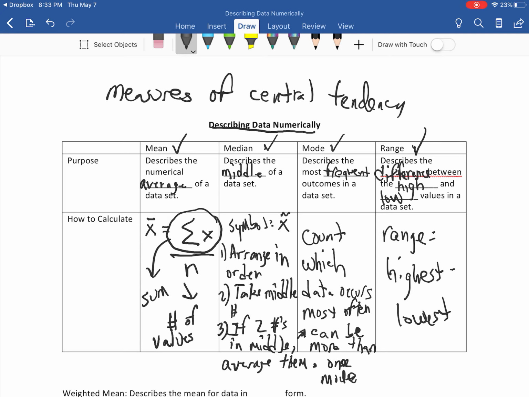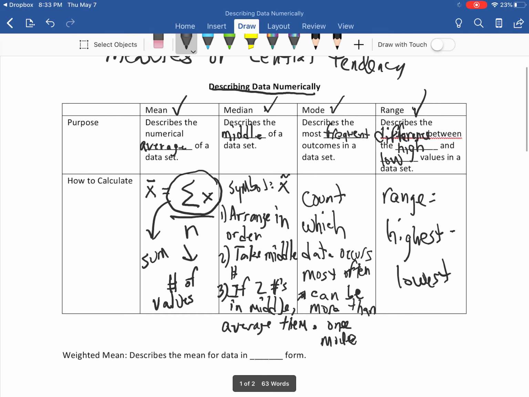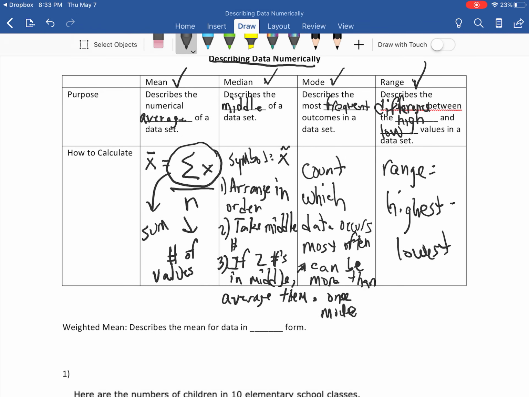It's telling us about the spread of our data. And then we have variation on the mean, which we'll see toward the end. Weighted mean, which describes the mean for data in table form. Instead of having just a list of numbers, a regular data set, we'll have a table. And you'll see an example of that at the end.